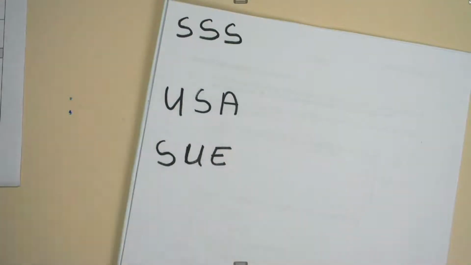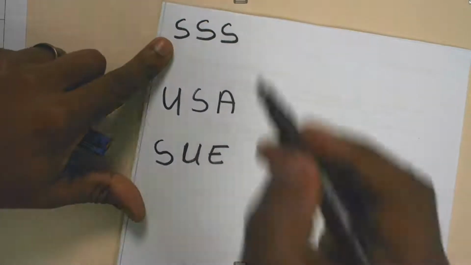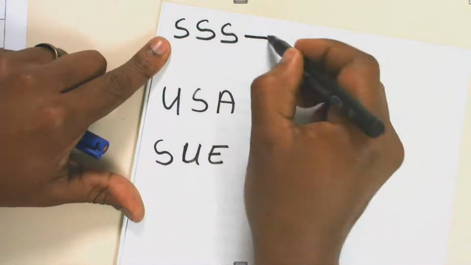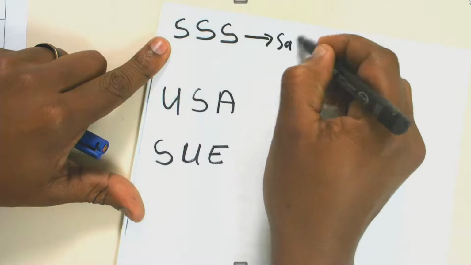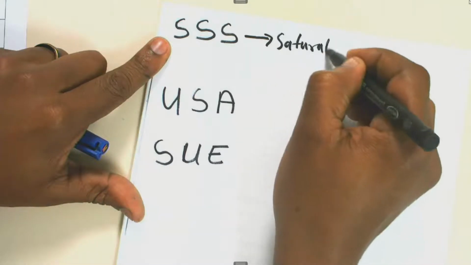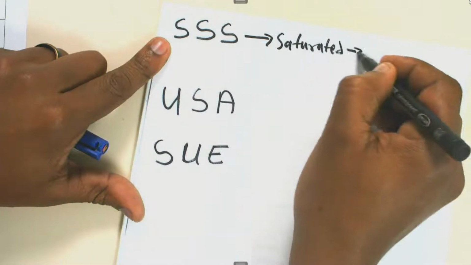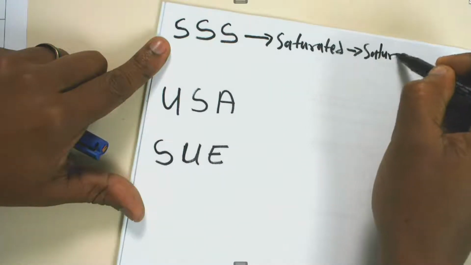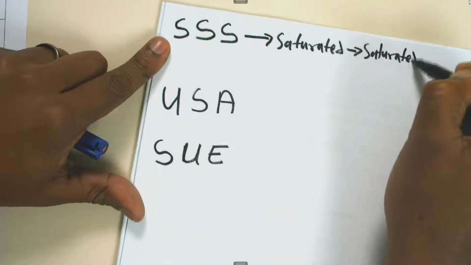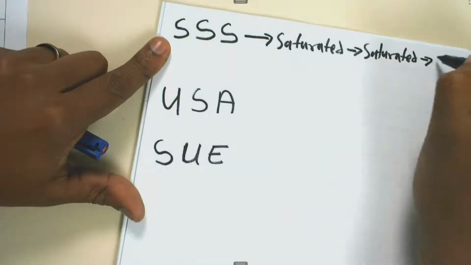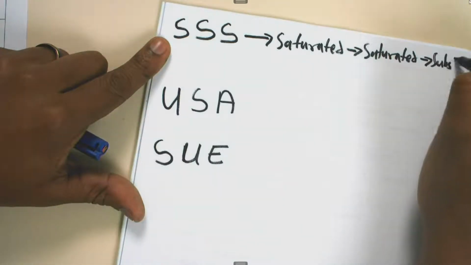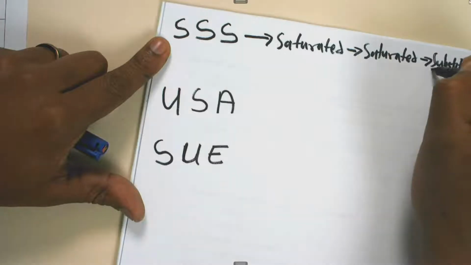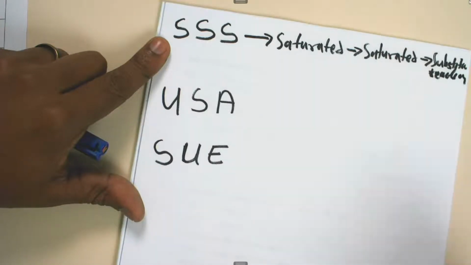So write this down, and after writing this down, it will say to me, if I am moving from saturated to saturated, I am talking about a substitution reaction.